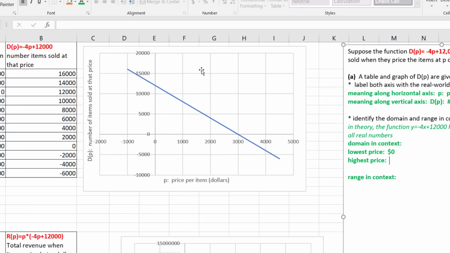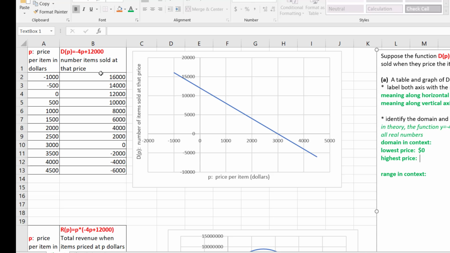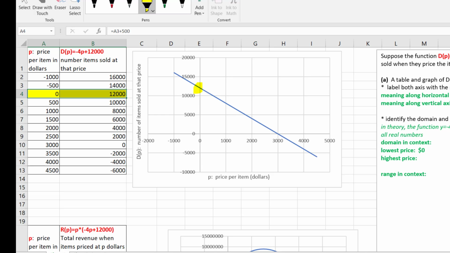Let's take a look at the graph and the table. Right here in the table is the y-intercept, input 0, output 12,000. Correspondingly, we see that point right here on the graph, 0, 12,000. That is telling us the point where the price is free and they're selling 12,000 items.